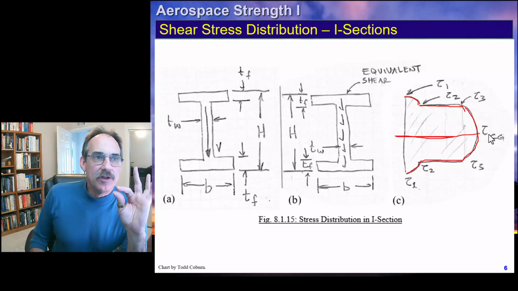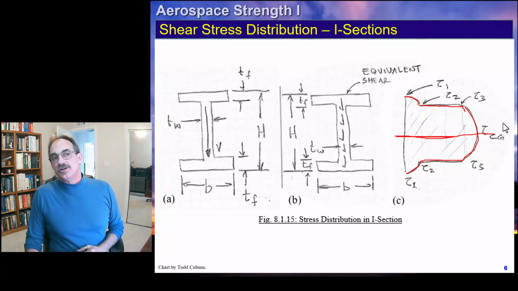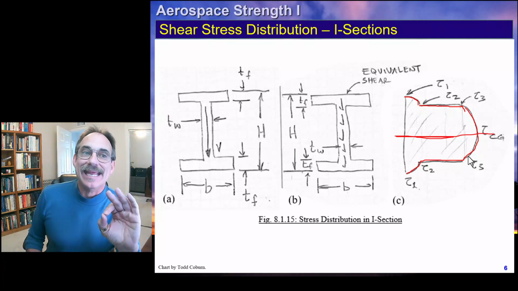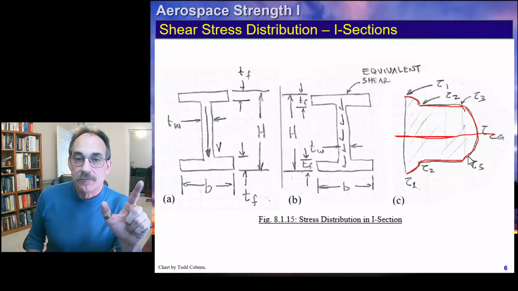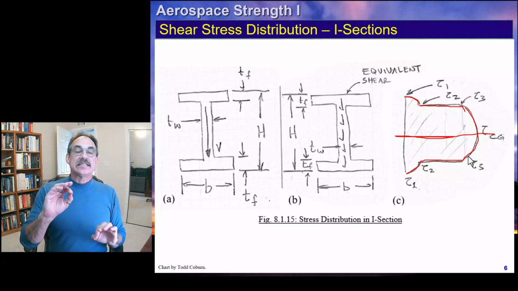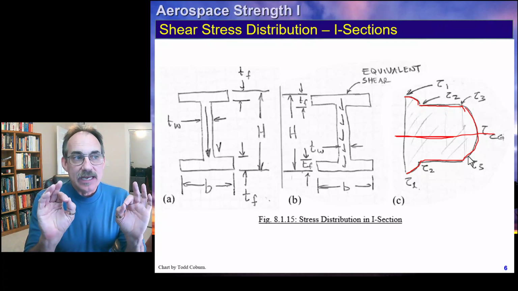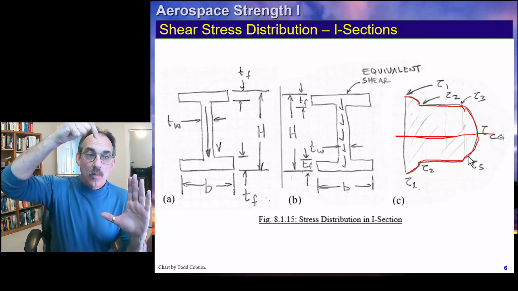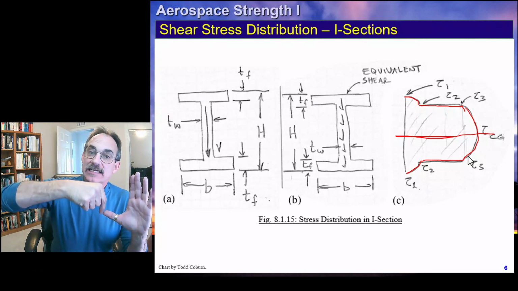Everything above the centroidal axis is building the shear. Everything below is draining it out, feeding and bleeding the shear flow in the section. We'll talk about that idea more next time, feeding and bleeding. Right now we're looking at shear stresses or shear flows when we're looking at the shear and how it reacts downward.